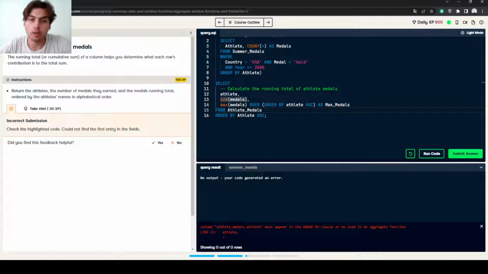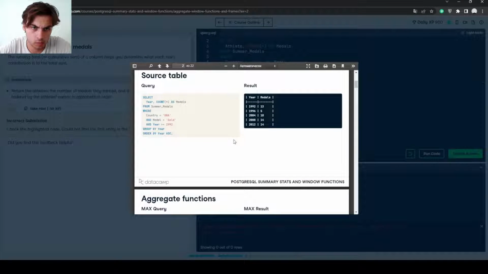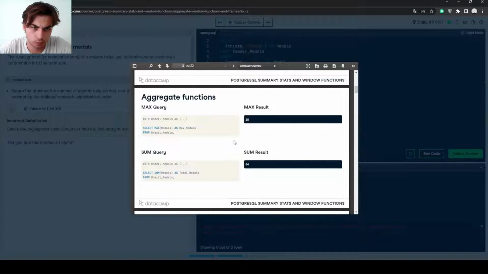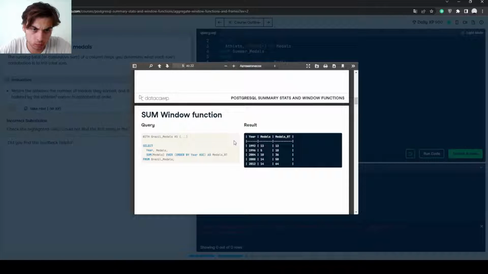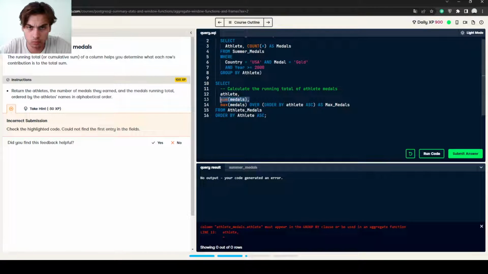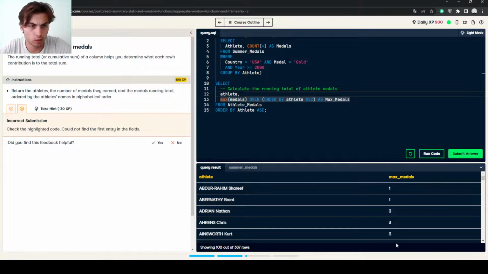То есть max medals окей, а сам medals не прошло, да? The number of medals they earned. Типа. Count, что ли? Так что?